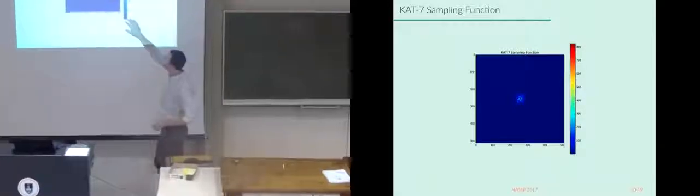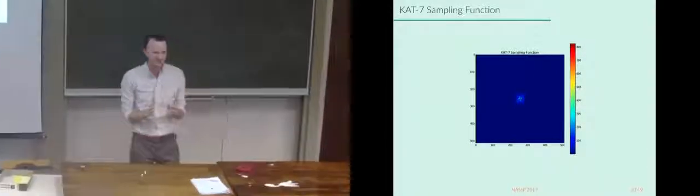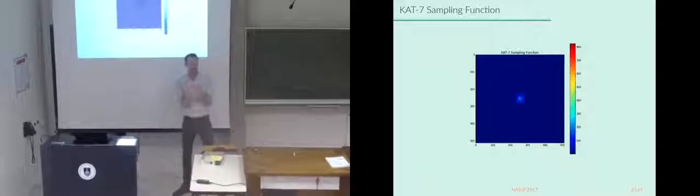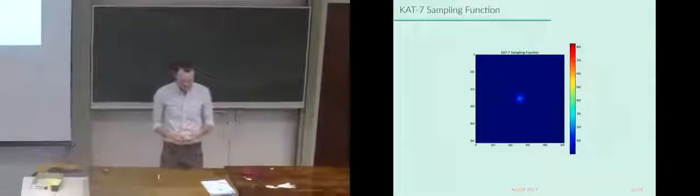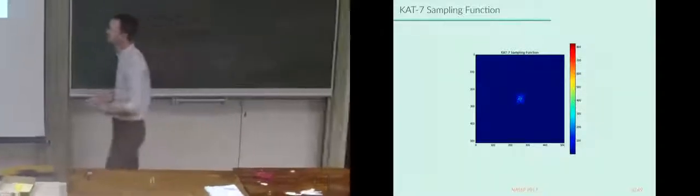So what you have here is that these lower UV spatial modes, these lower spatial frequencies, are sampled. Not just sampled once, but many times. It turns out each one of the pixels in the middle is sampled hundreds of times, whereas UV coverage out here is sampled never. So we have this issue of oversampling some things and undersampling others.